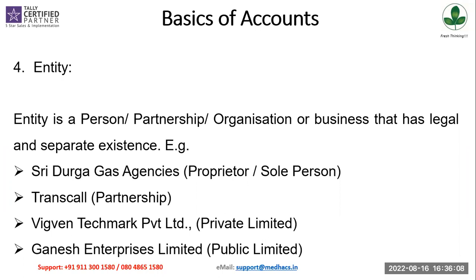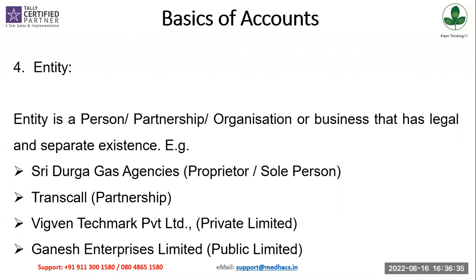For example, ABC Traders. So here, I've just given some examples of legal entities. Say, for example, it might be a Sri Durga Gas Agency, a proprietary concern or a sole person who is handling this. Or it might be a partnership firm, or Wigwin Trademark, which is a private limited company registered under ROC, Registrar of Companies.